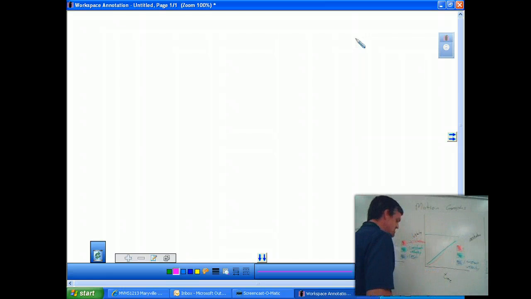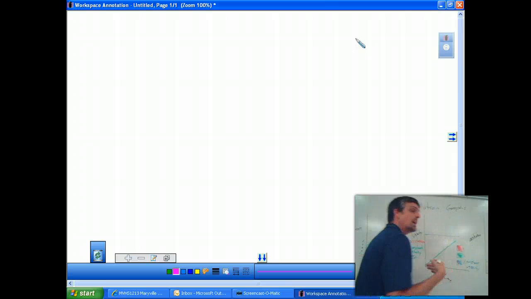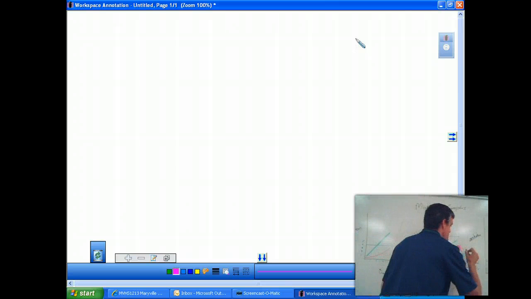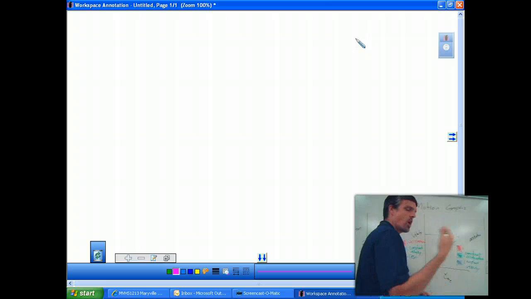Okay, green line here. Well, before it meant constant velocity, not in the case on this type of graph. On this type of graph, it stands for it's increasing its velocity the same amount each time, and we call that constant acceleration. If I dropped a marble from a tall building, gravity would pull it down to the ground at the same amount of acceleration the whole time, 9.8 meters per second squared.